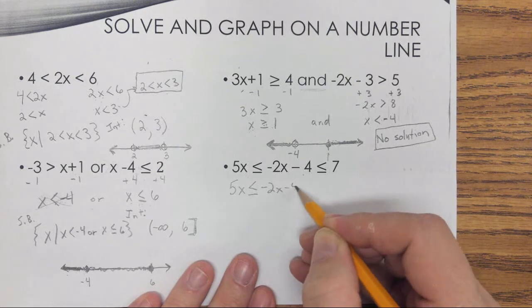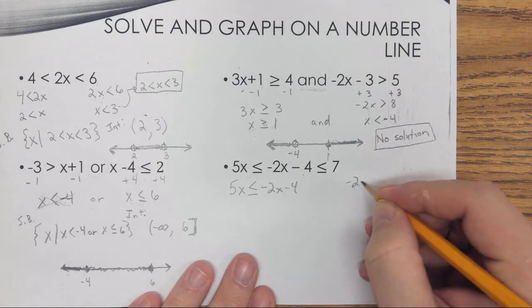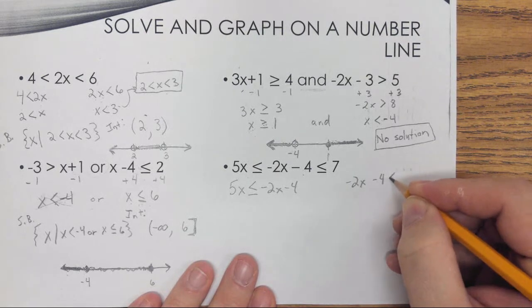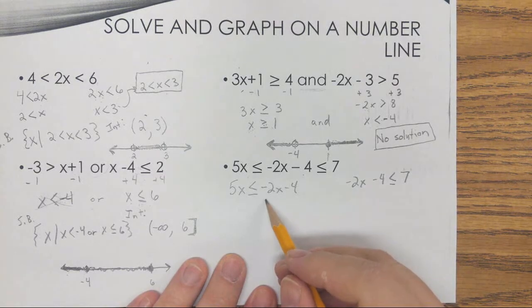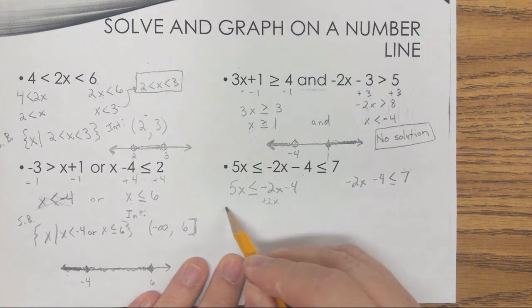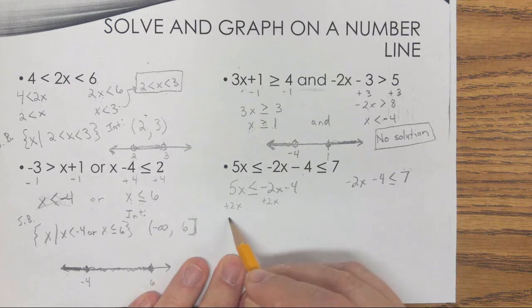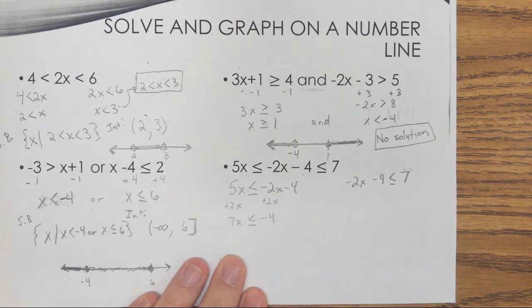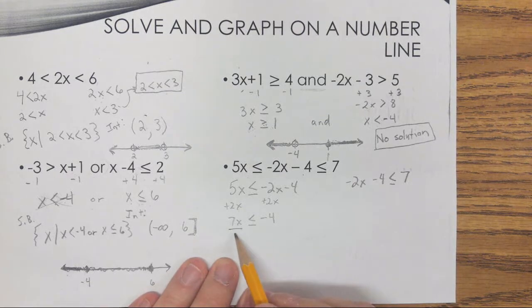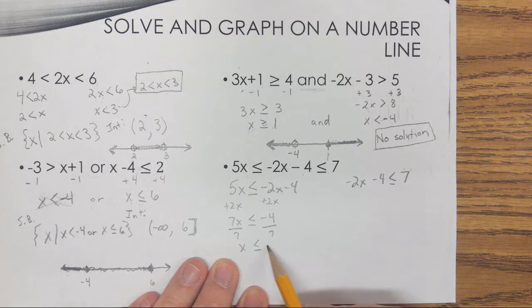Negative 2x minus 4 less than or equal to 7. We're going to add 2x here. We're going to get 7x is less than or equal to negative 4. We're going to divide by 7. x is less than or equal to negative 4 over 7.